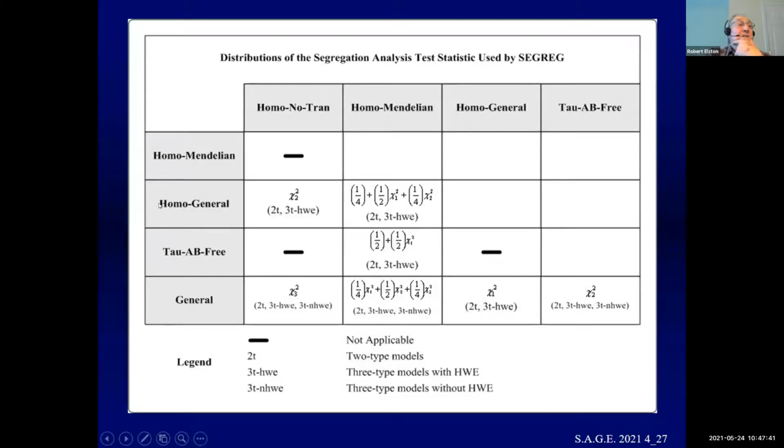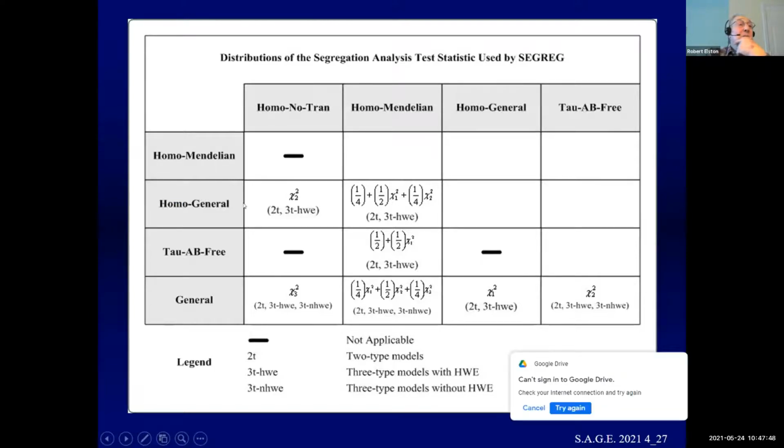So here, if under this homogeneous but no transmission model, we test that it's homogeneous general, if I got it right, we're testing this under... have I got it the wrong way around? I can't remember. Hold on. Yeah. You get a chi-squared with 2 degrees of freedom.